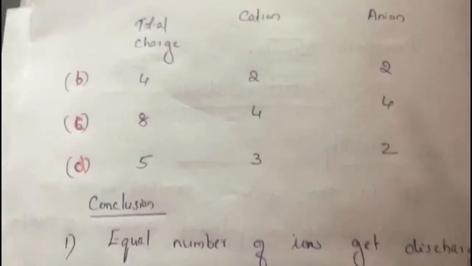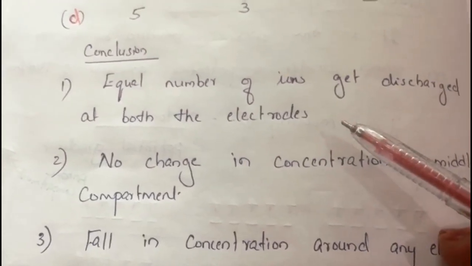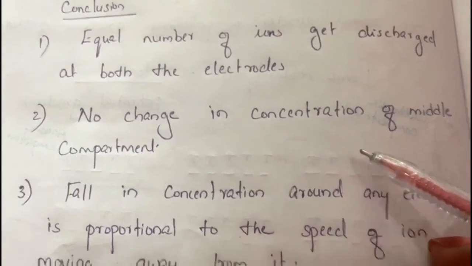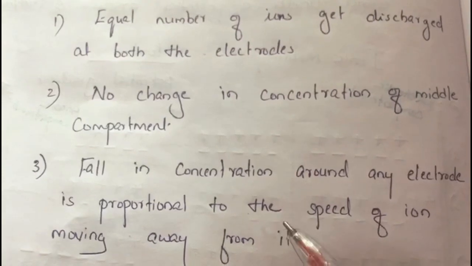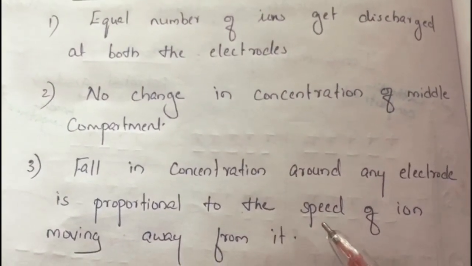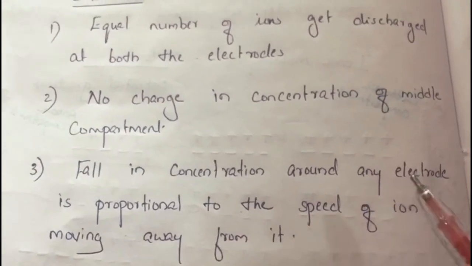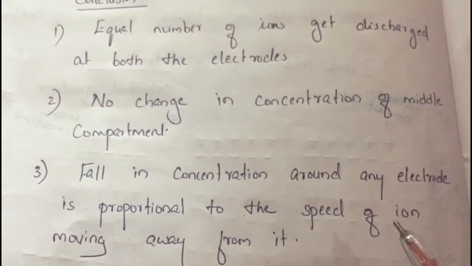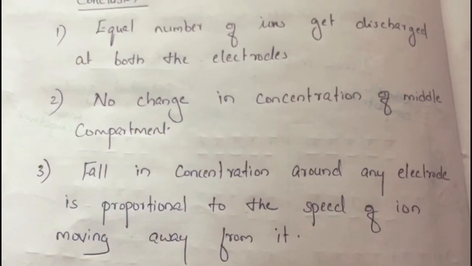So let us conclude here. Equal numbers of ions are discharged at both electrodes. Then there is no change in the concentration of the middle compartment. And here we know the fall in concentration around any electrode is proportional to the speed of the ion moving away from it. If two cations are moved from anode to cathode, the fall in concentration at the anode will depend upon the speed or mobility of the cation, because the cation is moving away from the anode.